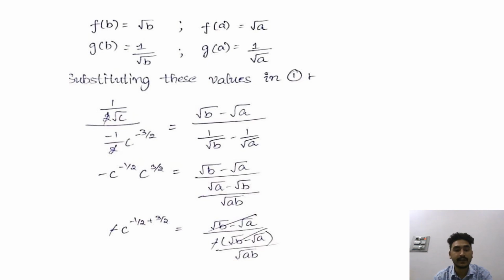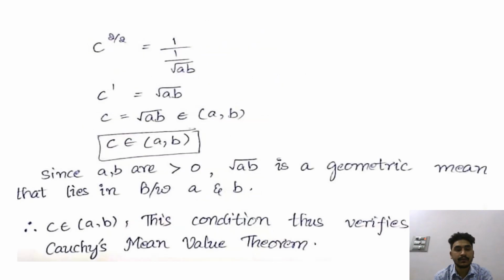We get -c^(-1/2 + 3/2). The minus cancels here, and root b - root a cancels with root a - root b. We get c^(2/2) is equal to 1 divided by root ab. So c is equal to root ab.